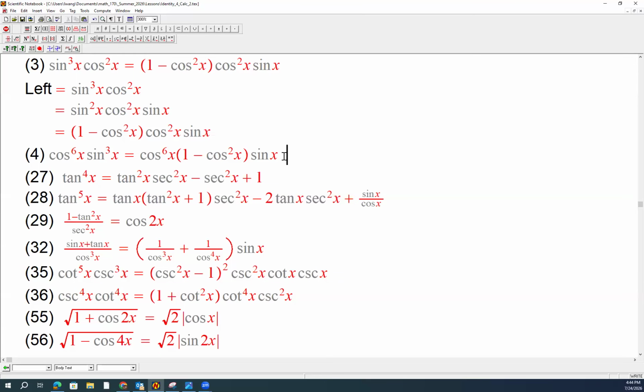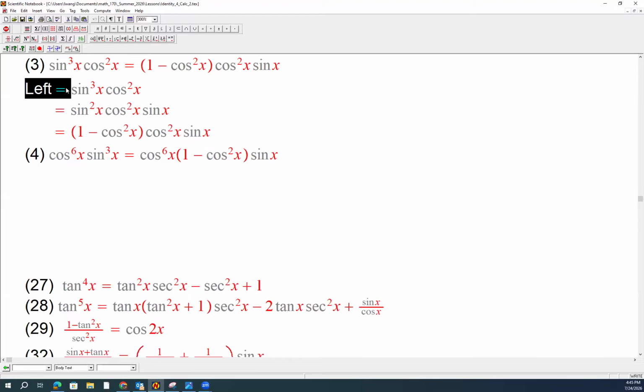Number 4, okay, left-hand side is such, right? The last piece is sine x, so I'm going to do the same trick for sine to the power of 3.